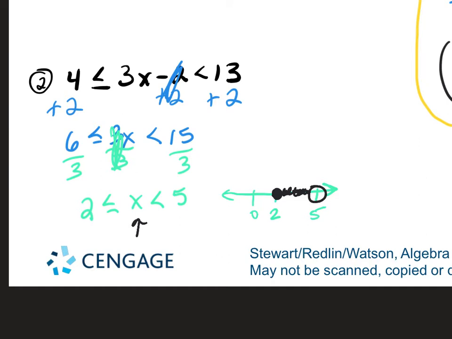And that's exactly what your domain is when you go to write it. I always start over here at negative infinity, and it goes to positive infinity. Well, where does my black graph start? At 2, and where does it stop? At 5. What's going to be around 2, and what's going to be around 5?